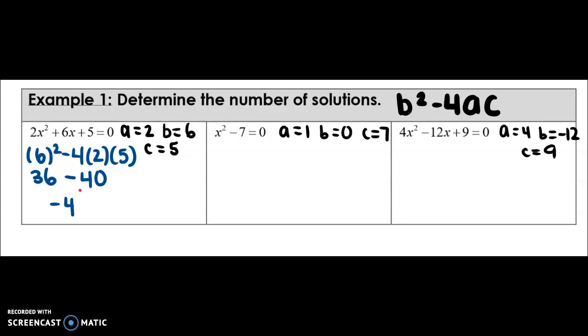Now, since we have a negative number here, we will have no solutions. Since that discriminant is negative, it will never intersect the x-axis, so we will have no solutions.